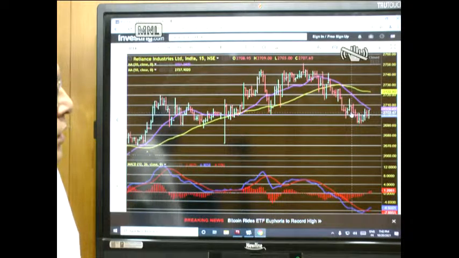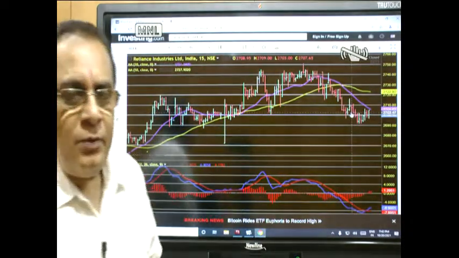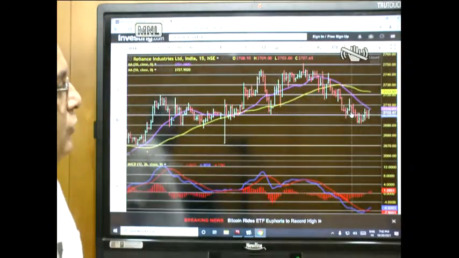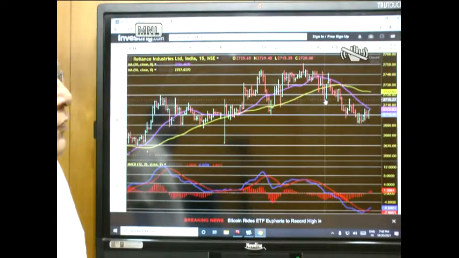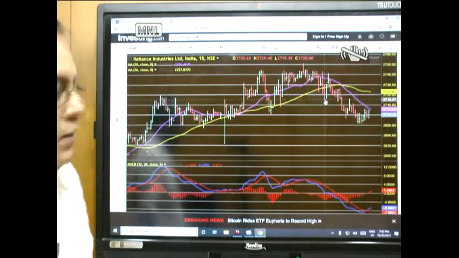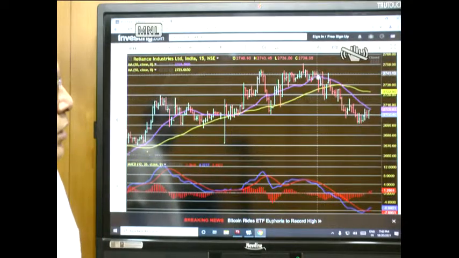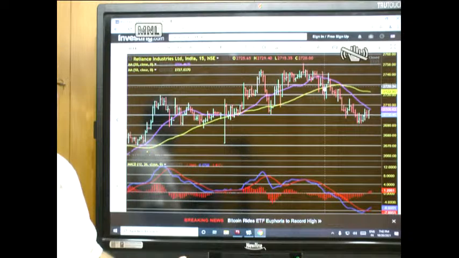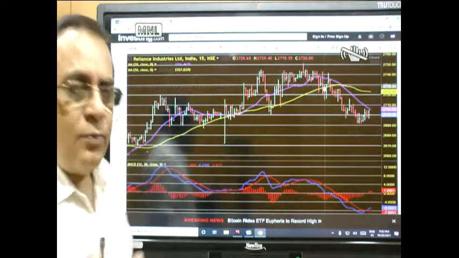So you can choose one type of system which you want. Either you can choose that I need a pivot which is below the 50 moving average, and then I will go for a short below that. Or you can say that I want a lower top, lower bottom type of chart in 15 minutes or 1 hour, and I will use that. So whichever way you do it, it will produce profit.